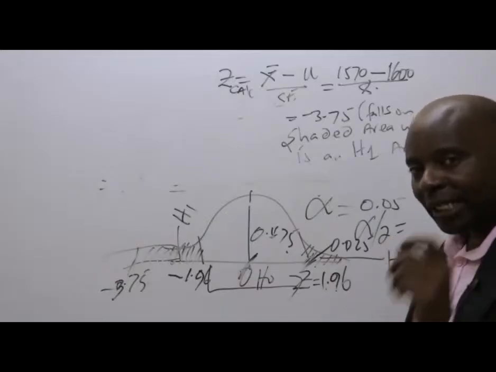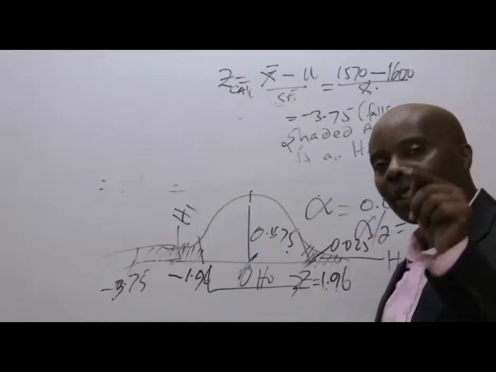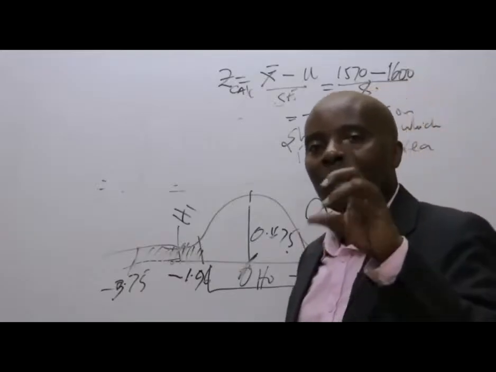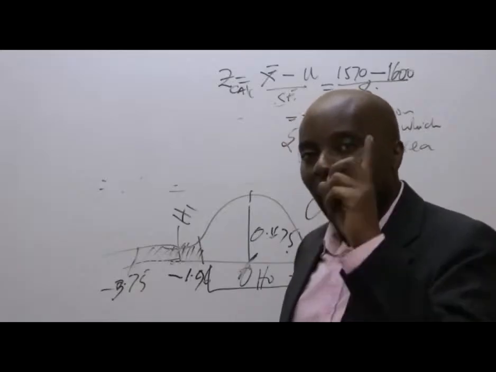Meaning that the null hypothesis is not true. That manufacturer who was claiming that his bulbs will light for 1600 hours has cheated us.